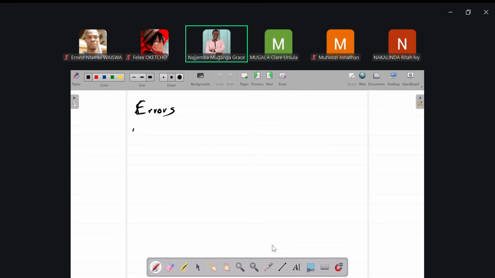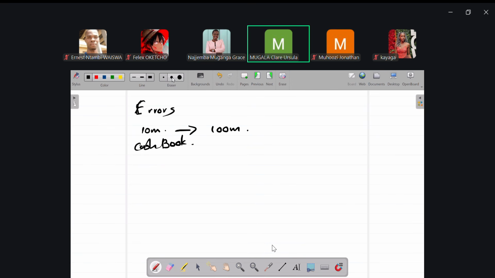You received 10 million, but instead you record 100 million. This is happening in the cash book. The actual amount received is 10 million.